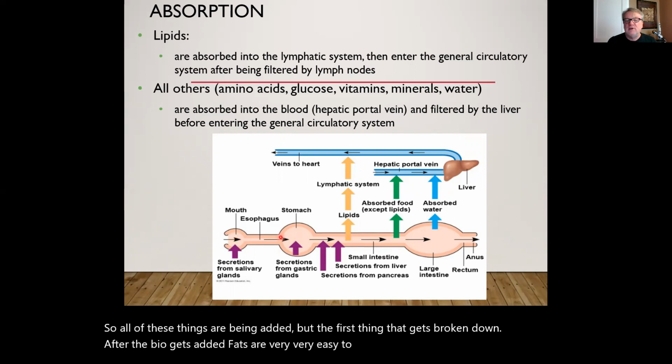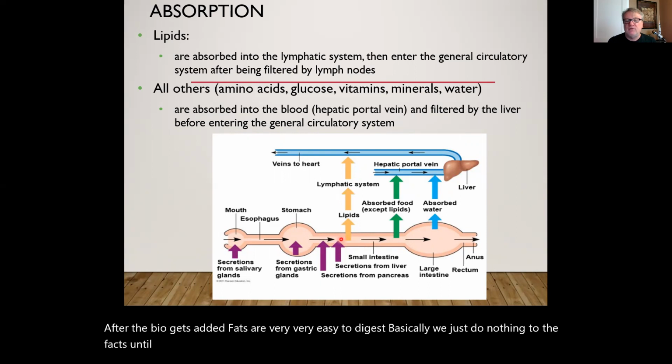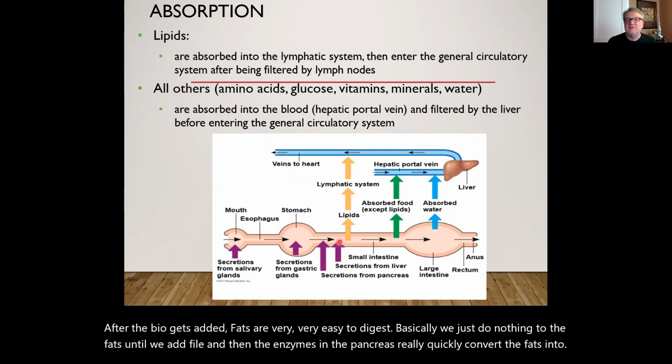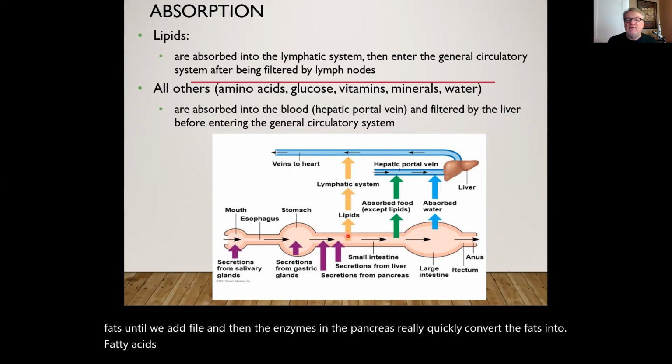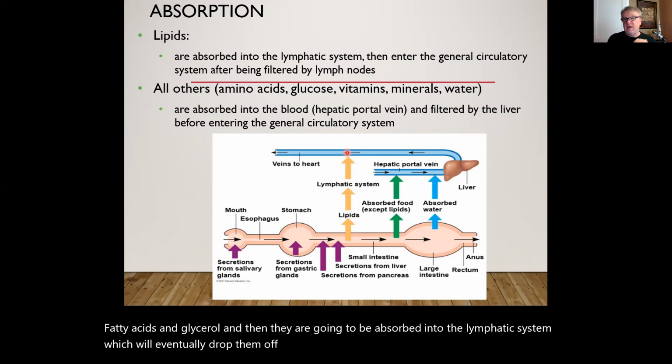Basically, we just do nothing to the fats until we add bile, and then the enzymes in the pancreas really quickly convert the fats into fatty acids and glycerol, and then they are going to be absorbed into the lymphatic system, which will eventually drop them off into the subclavian veins that are leading to the heart.